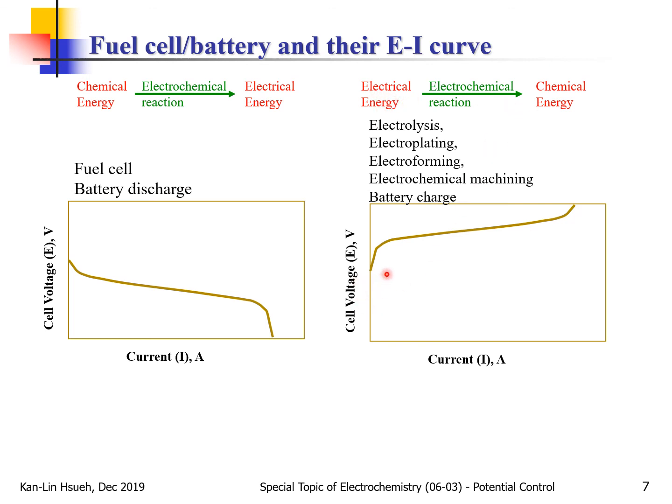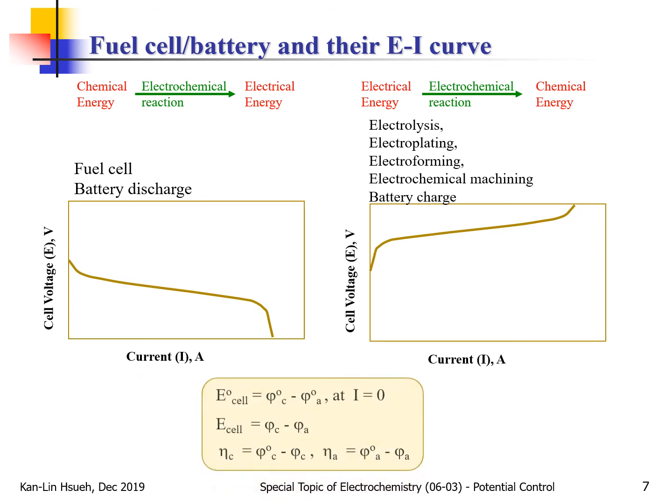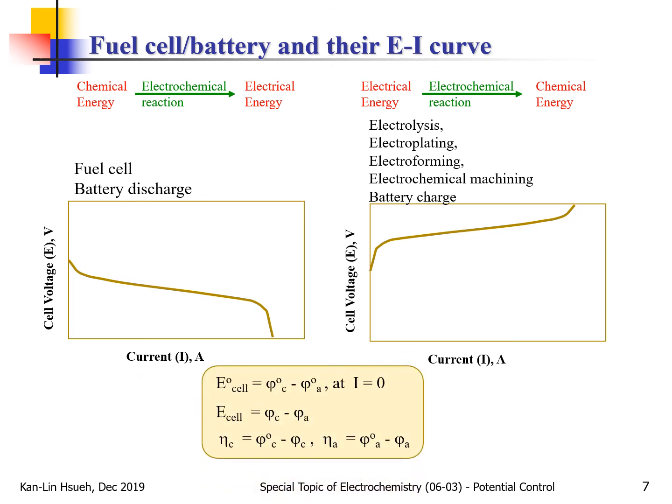So the cell voltage will increase as the current increases. And in the other condition, the energy is released from the battery or fuel cell to the external environment as electric energy, so the cell voltage will decrease as the current increases. No matter which situation, the definition of cell voltage is always similar.